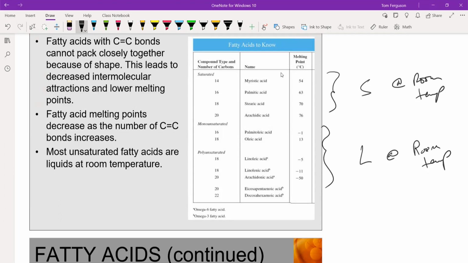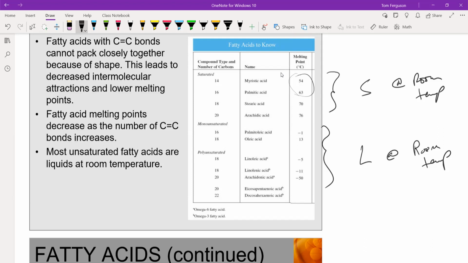And we have some of these that tend to be starting to get soft at room temperature. And then look at these.